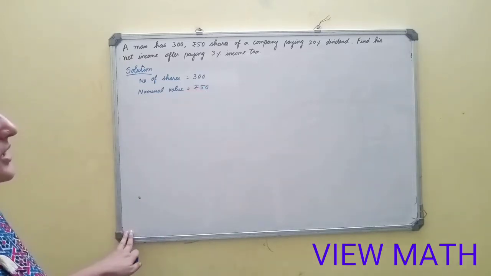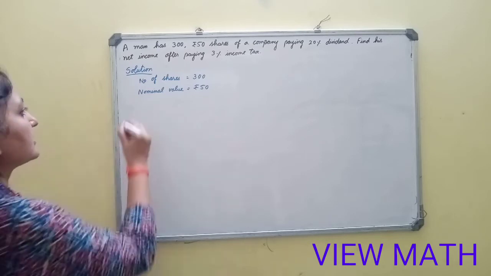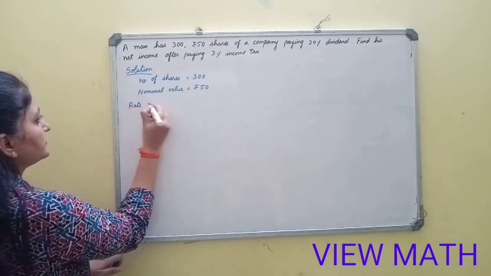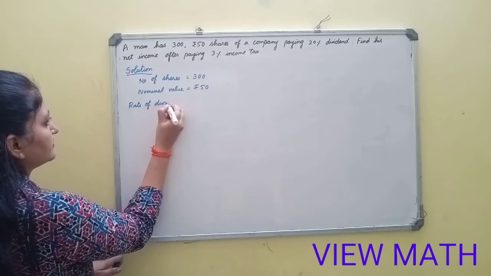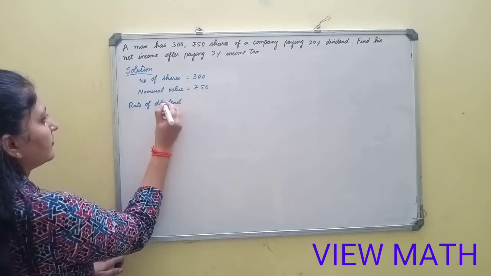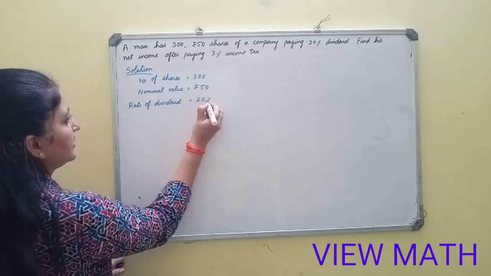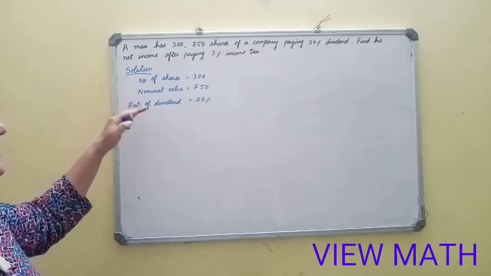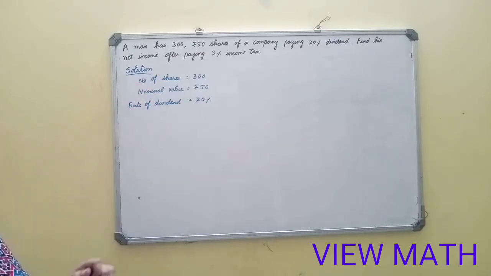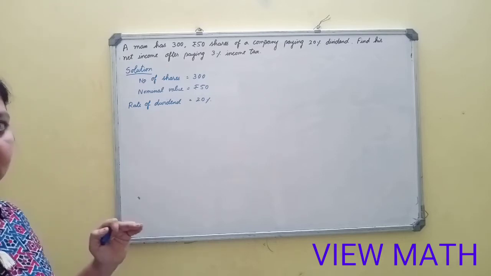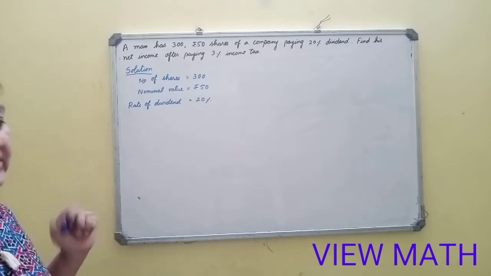Rupees 50 shares of a company paying 20% dividend. Rate of dividend is 20%. Find his net income after paying 3% income tax. So first let me find out the annual income and then let me tell you how to find the net income.